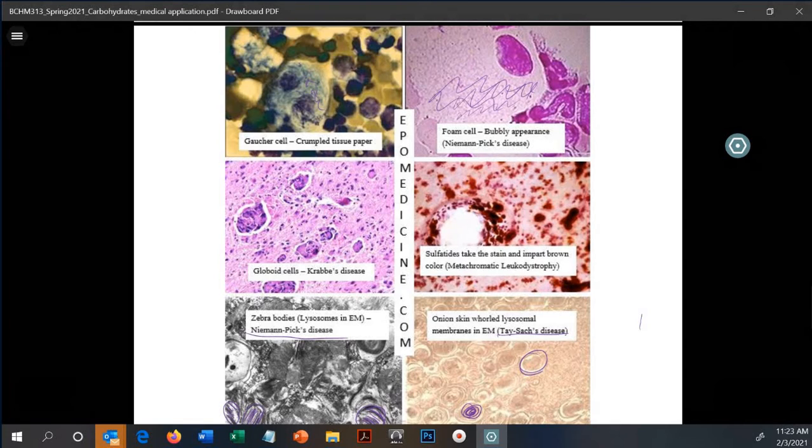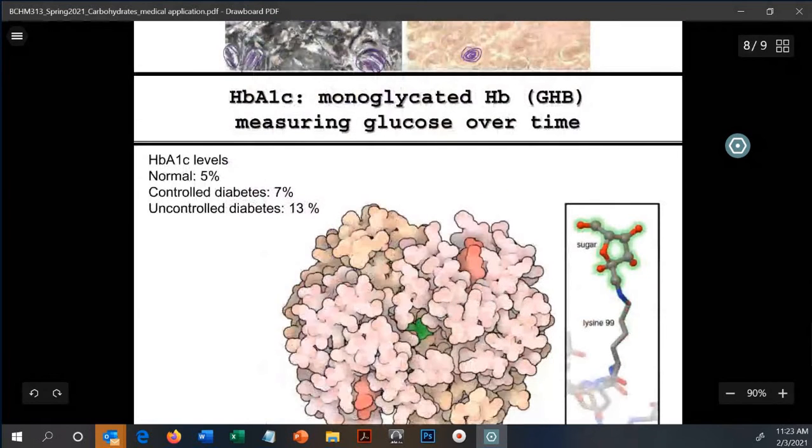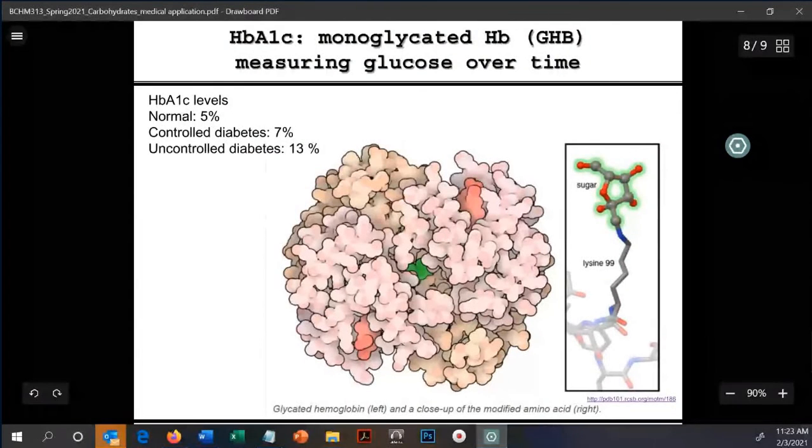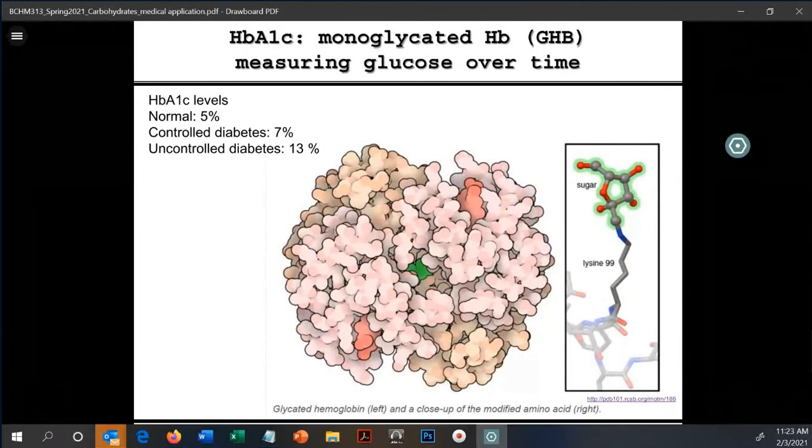Okay, let's look at HbA1c, and everybody's going to be dealing with HbA1c because there's so much diabetes in the population.